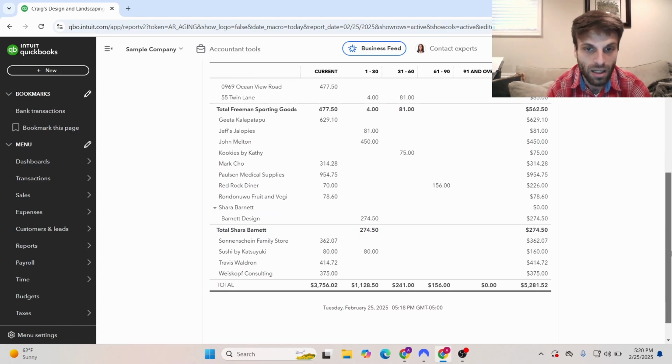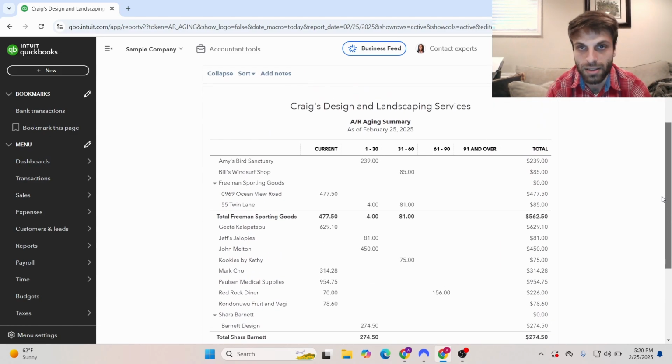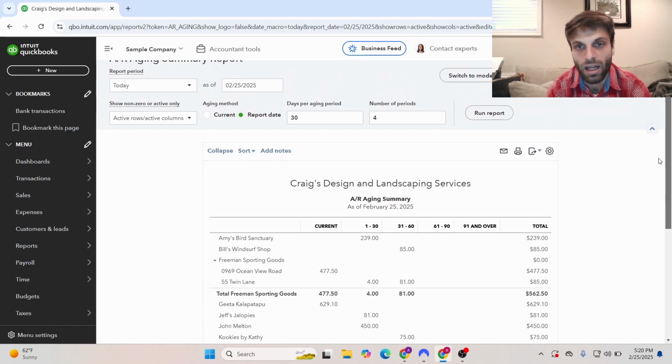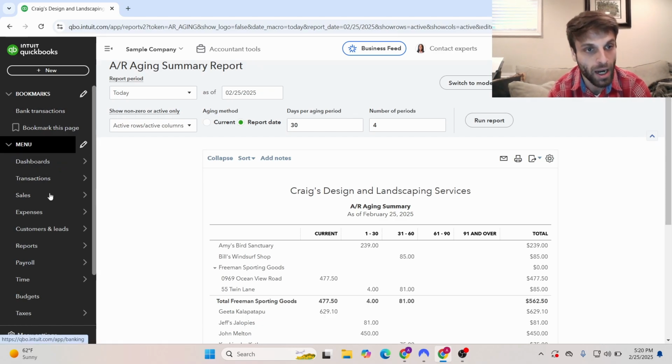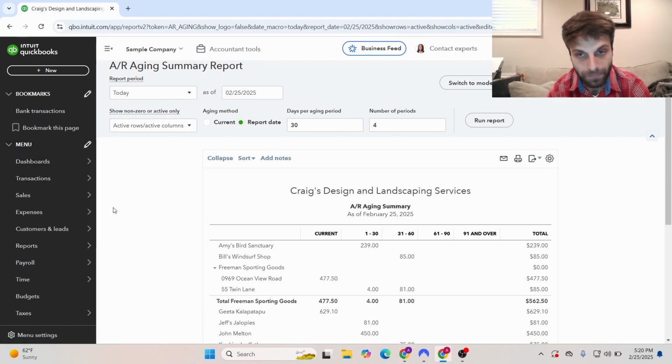And yeah, just take a look at the accounts receivable aging summary. Yeah, and I just wanted to say that I'll post the link again, but QuickBooks has this great sandbox, right, that you can explore around and see some of the features that it has.